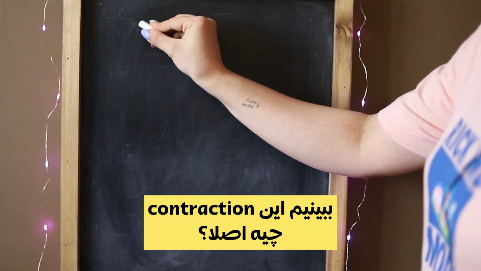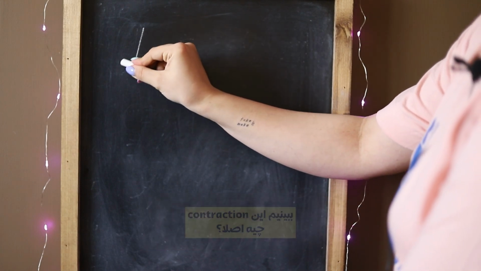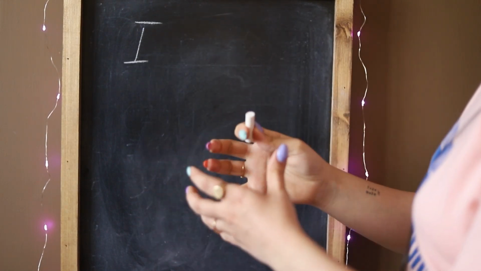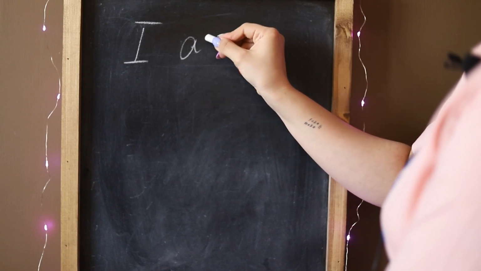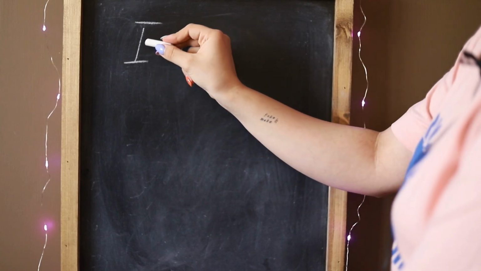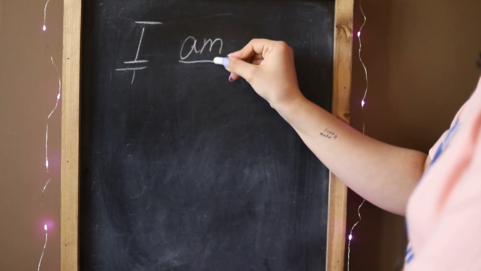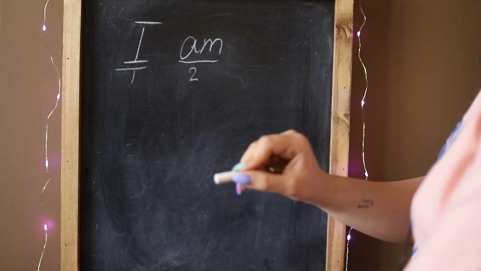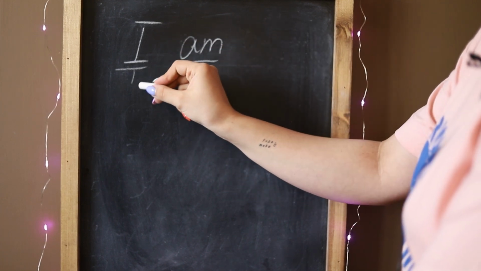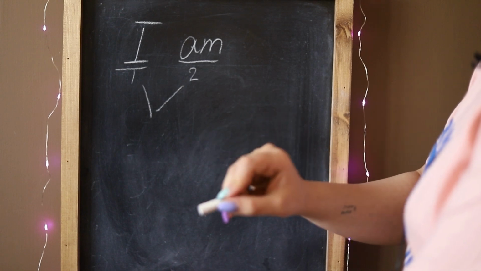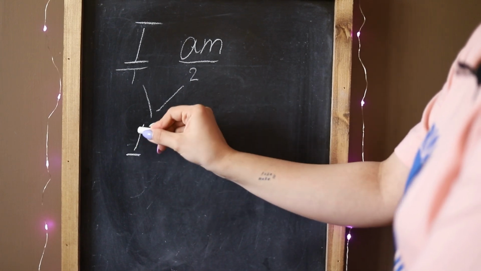Now let me explain more about contractions and actually how it works on the board. Okay. A contraction is a word made by shortening or mixing two words. Okay, for example, if I have the word I as my first word and am as my second word, two words, and if I want to make them shorter, I would write I'm.